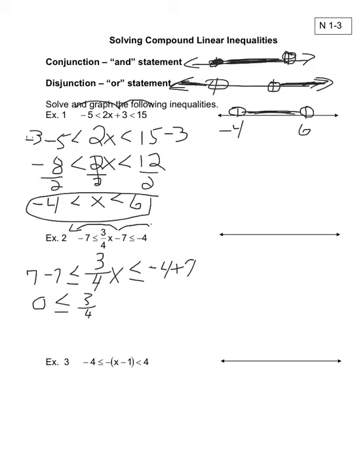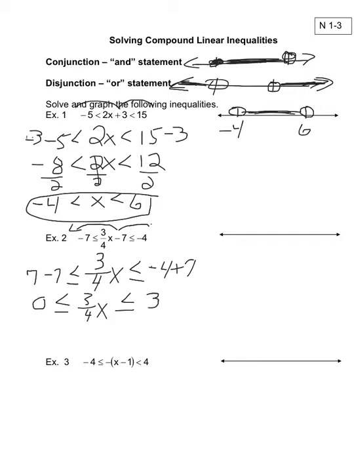Put down our inequality. 3/4 x is less than or equal to -4 plus 7, which is 3. Okay. So far, so good. How do I get rid of 3/4? Well, how did we get rid of fractions yesterday?